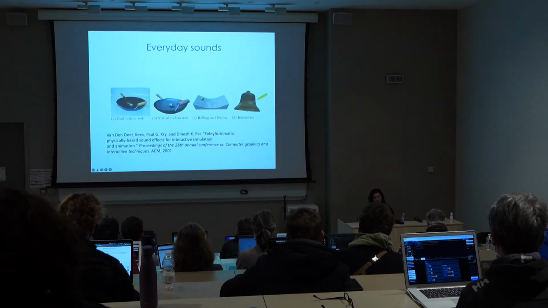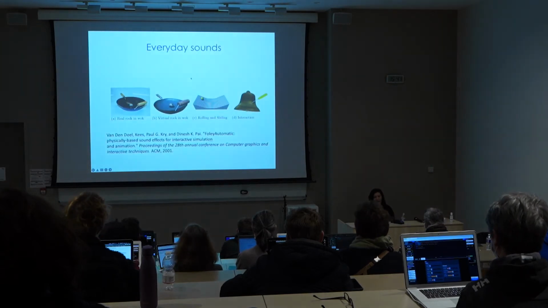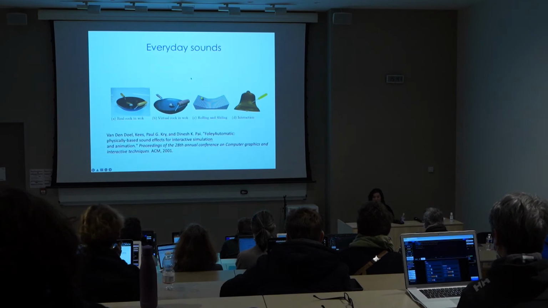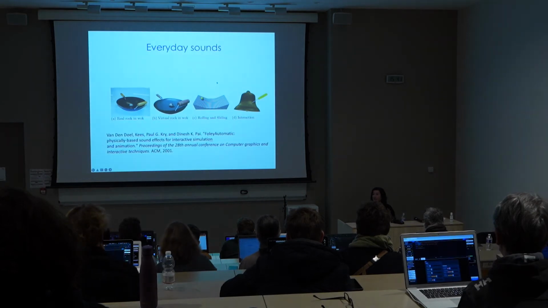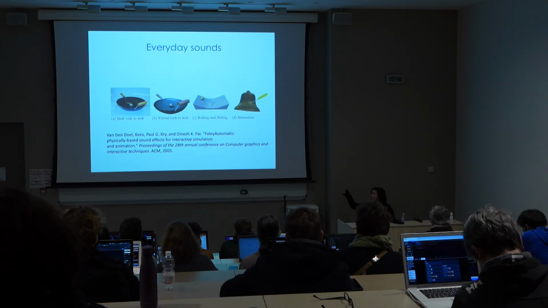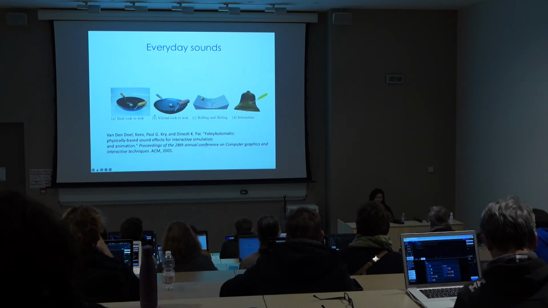So everyday sounds, like the car sounds that Roman was talking about, still require this hybrid because it is very hard to find, for example, the equation of a ball rolling. Let me show you a video from this paper.